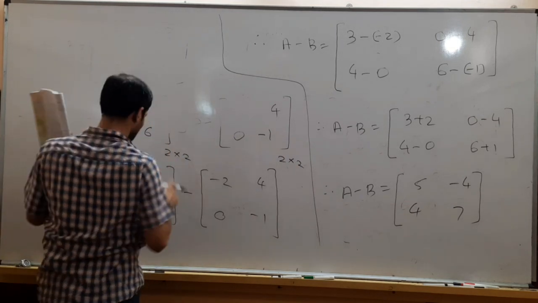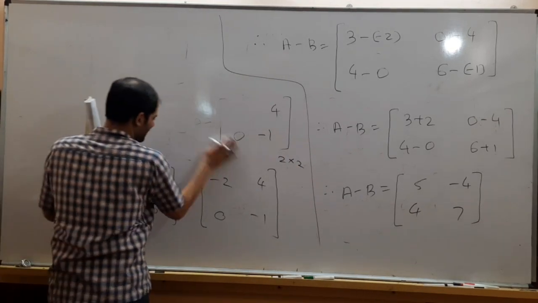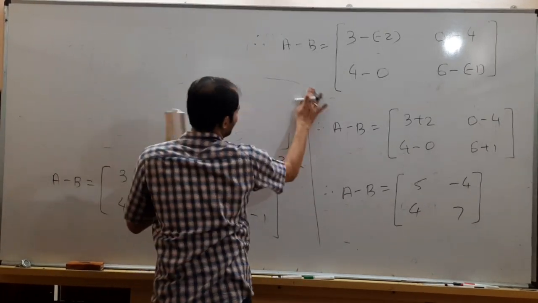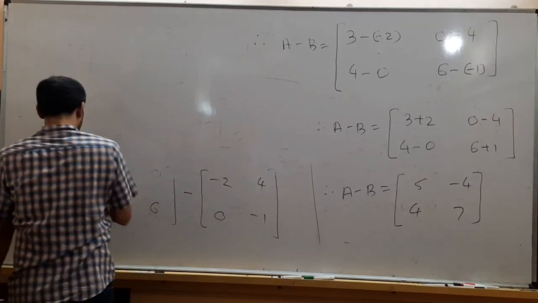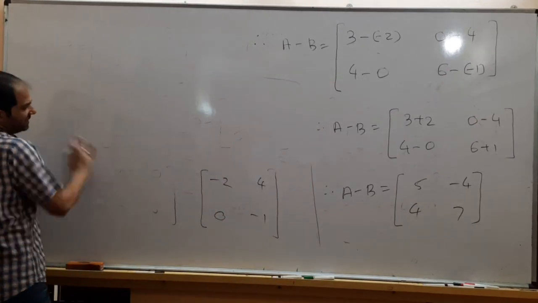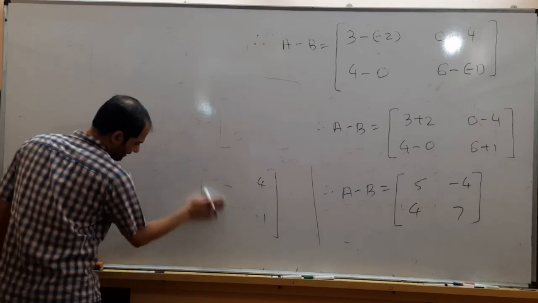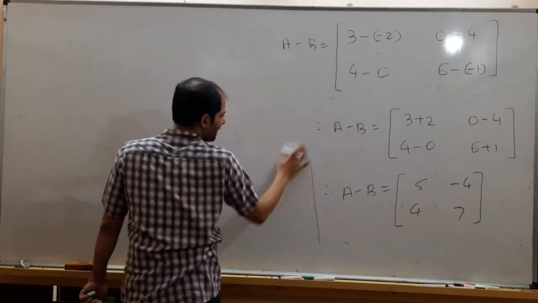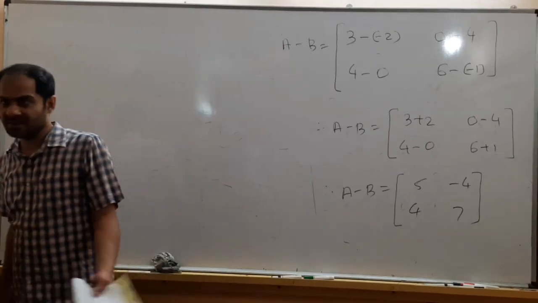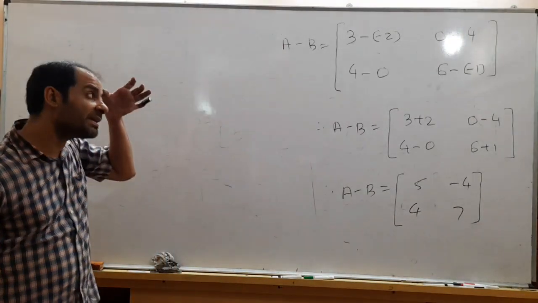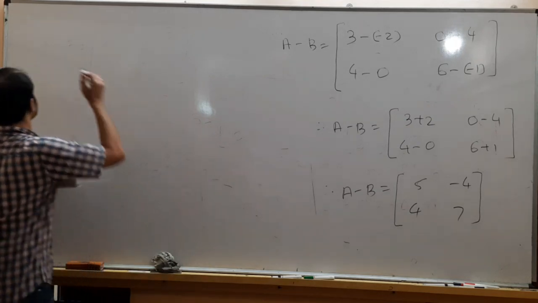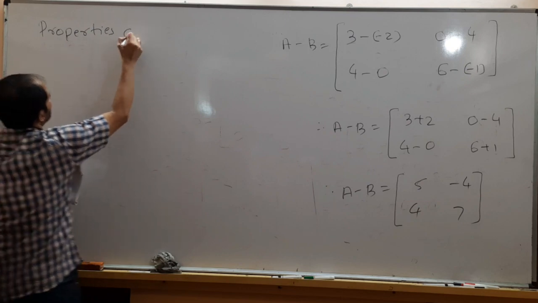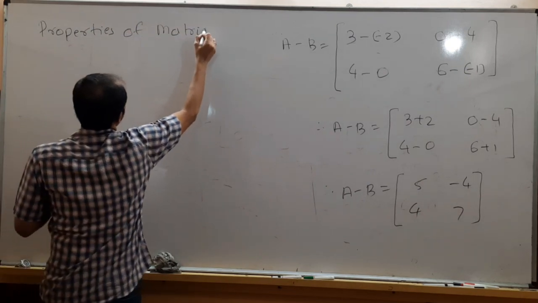It involves the commutative law, the associative law, and one or two things: existence of additive identity and existence of additive inverse, or you can say negative of it, which you already know indirectly, but it will be clear to all of you within 5 to 10 minutes once I write this way. Okay, properties of matrix addition.